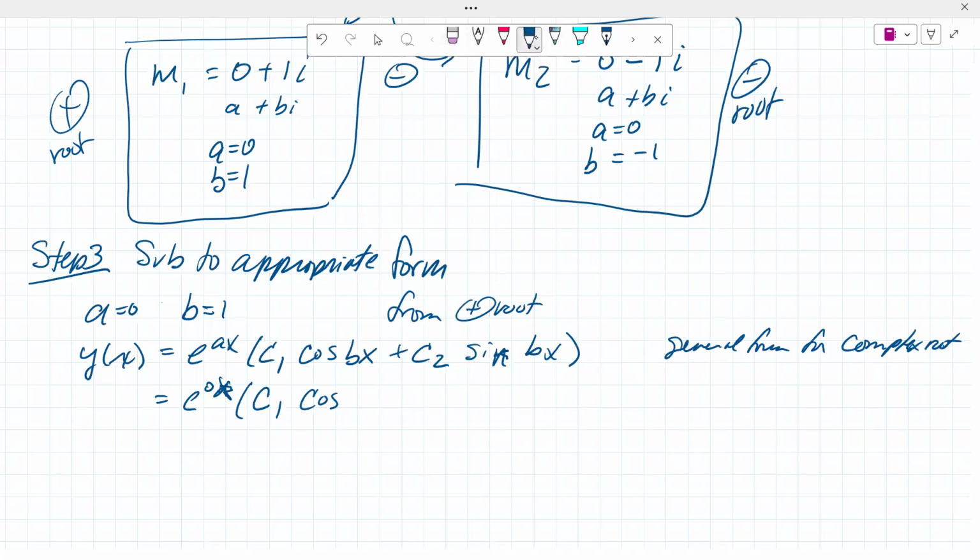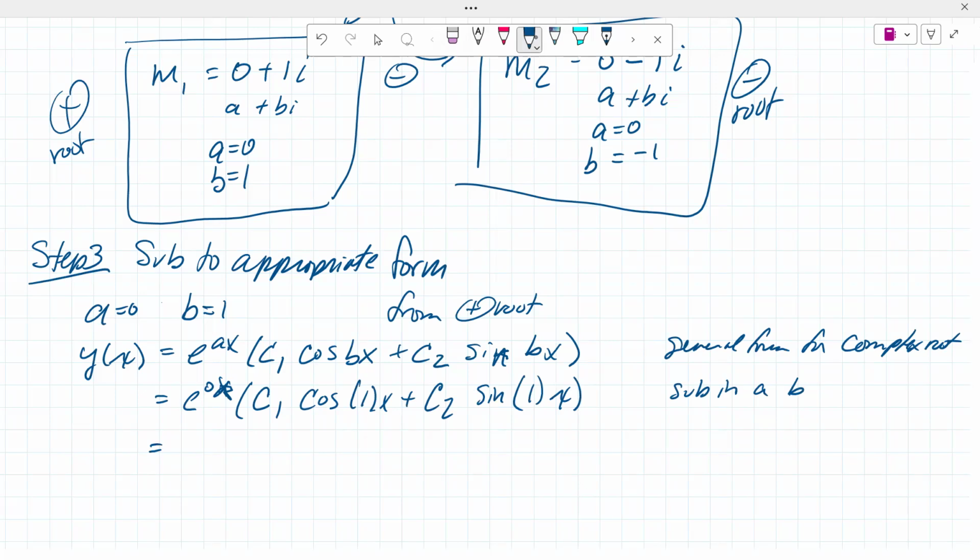Cosine 1x plus c2 sine 1x, sub in b. And now this is equal to, anything to the 0 power is 1.